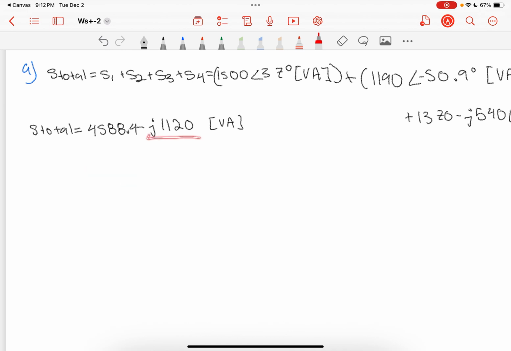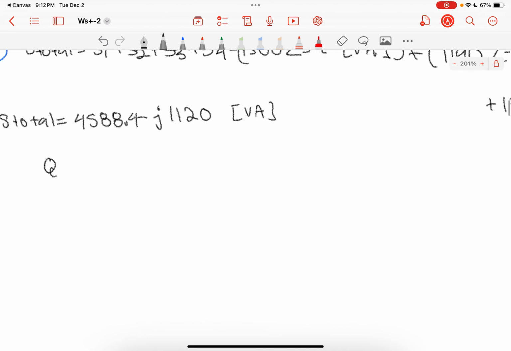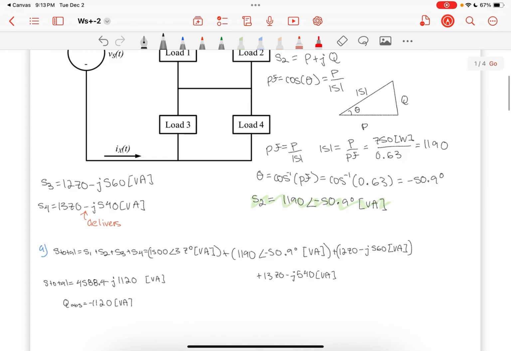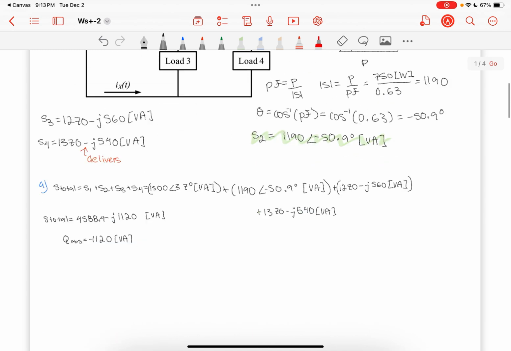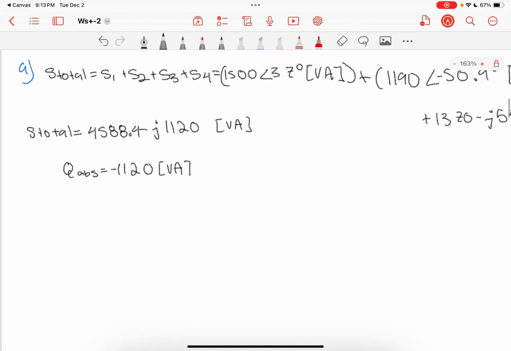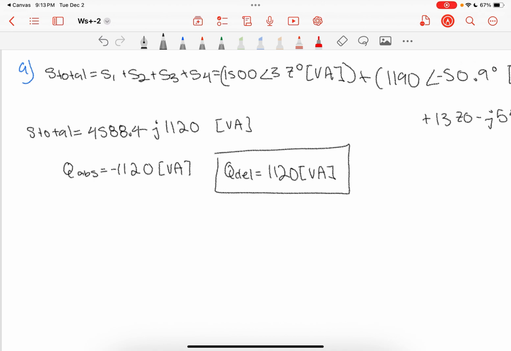So this right here is the reactive power absorbed. So Q absorbed is equal to negative 1120 volt amps. And the problem asked for delivered, so we're just going to flip the sign. So Q delivered is equal to 1120 VA, and this is going to be the answer for part A.